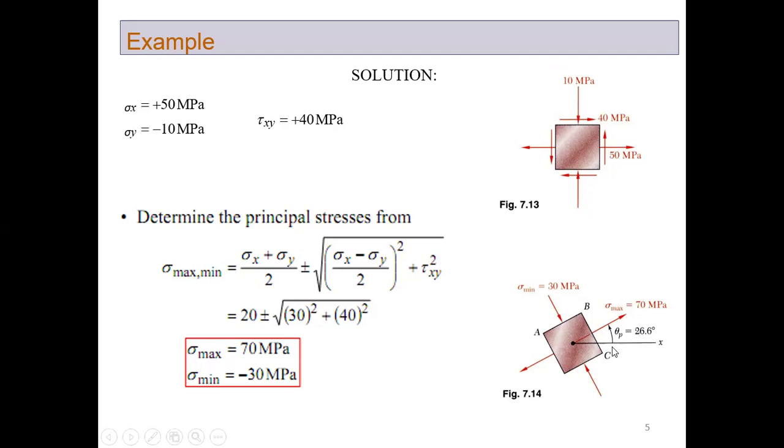So we have to draw a line at an angle of 26.6 degrees to the x-axis. Let's say this is our x-axis, and at an angle of 26.6 degrees I have drawn a line.